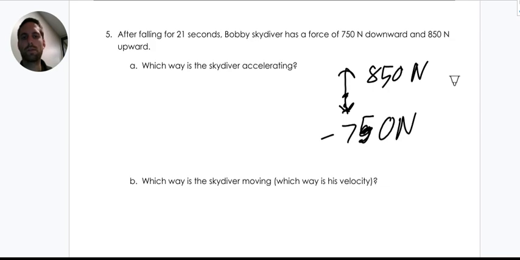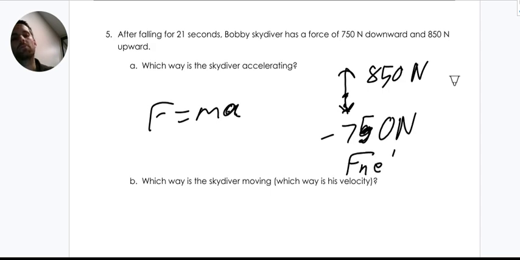So with this problem, the skydiver has a positive net force, which means that's going up, of 100 newtons.